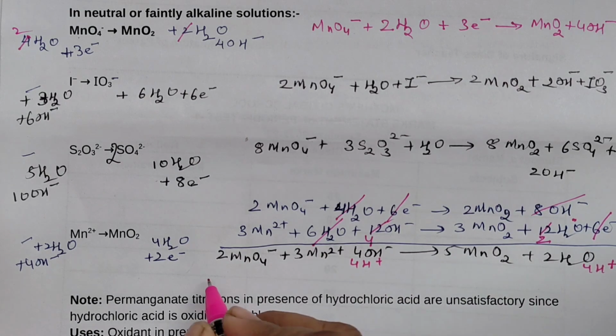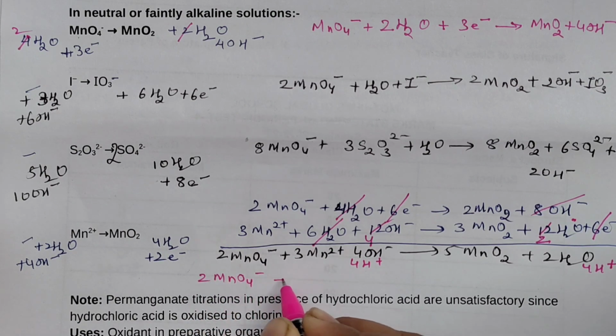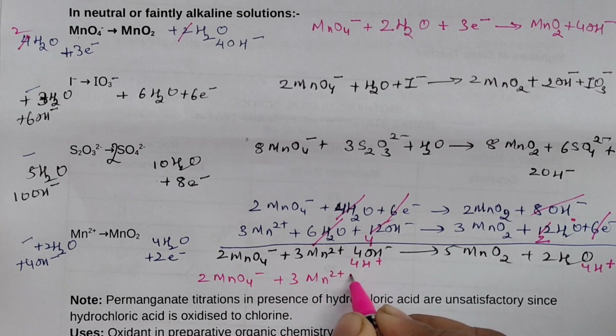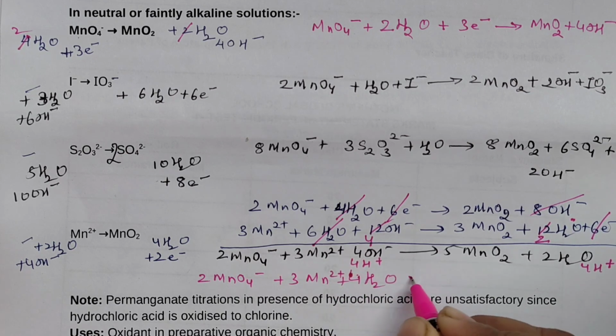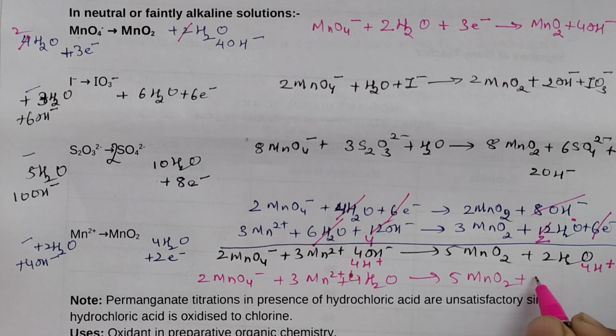Yes. So it will give you 2 MnO4 minus. This is same. 3 Mn2 plus. This will be 4 water molecules. So 4 water, this is plus. 4 water molecules forming 5 MnO2 plus 2 H2O plus 4 H plus.